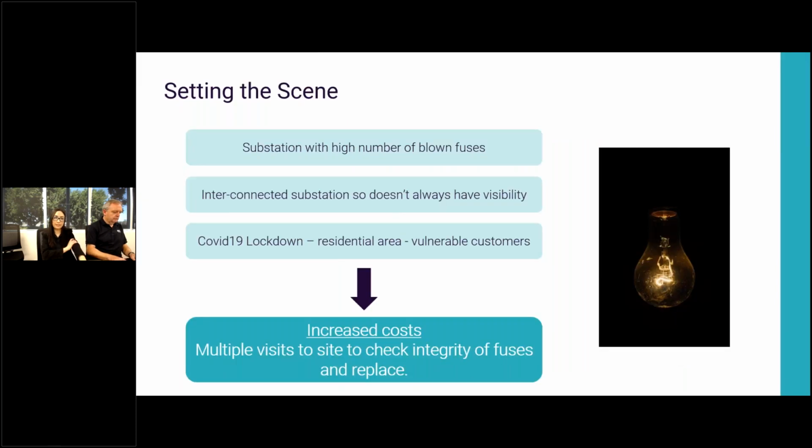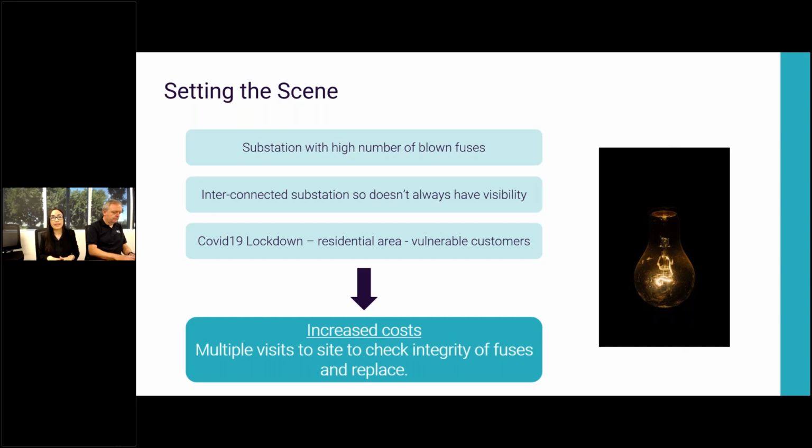So to set the scene, we have a substation with a high number of blown fuse events happening. Therefore, every time they have an event, they have to send their staff to the substation to get these fuses replaced. It is becoming quite expensive to do.